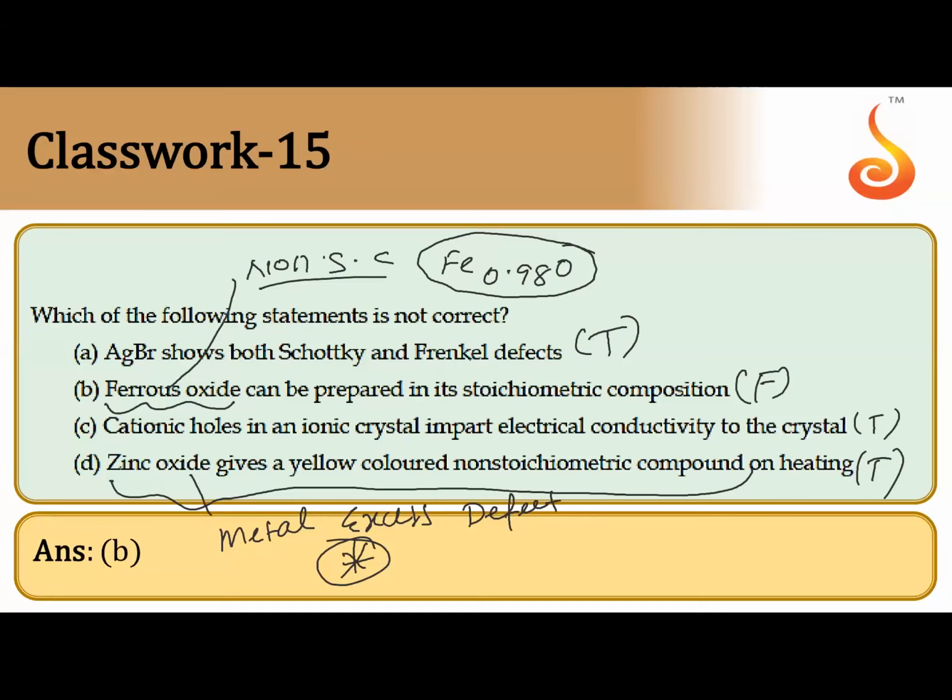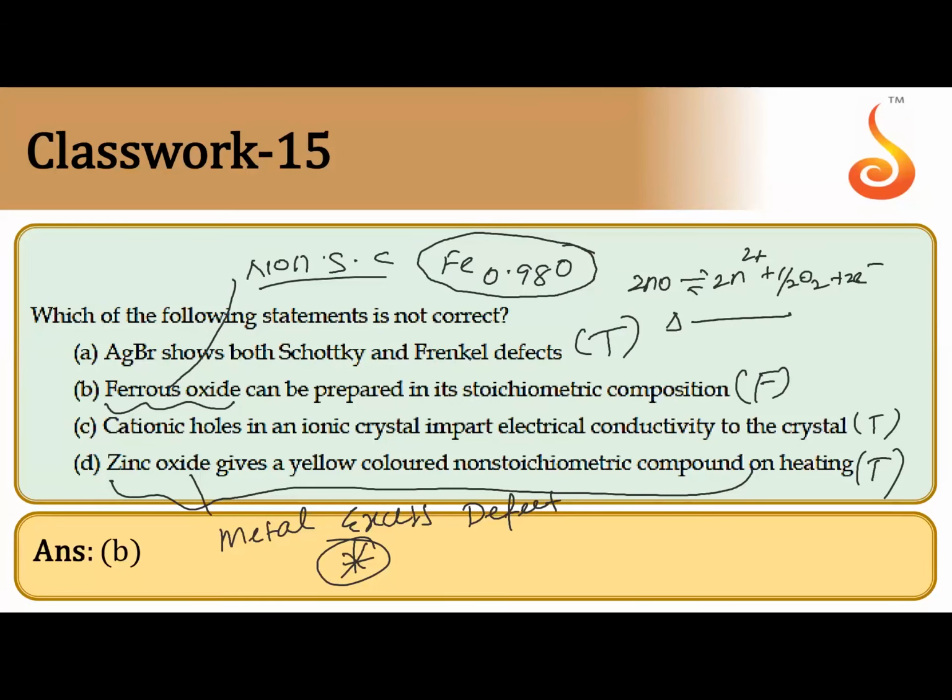Once again, when you cool the crystal, what happens? It's a reversible defect. That means the yellow color will turn to white. It's an equilibrium: ZnO is in equilibrium with Zn2+ plus half O2 plus 2 electrons.